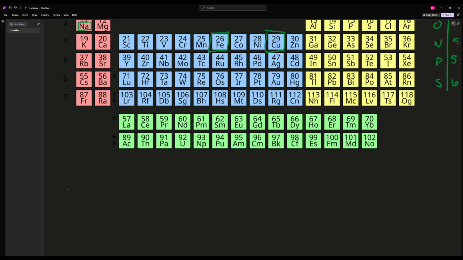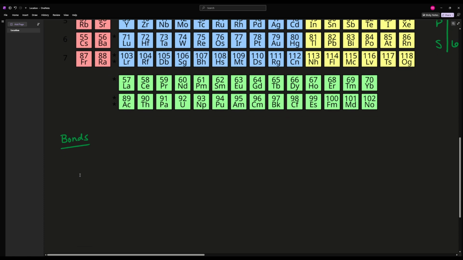Think of it like you and I are talking to each other, and one of us has a candy bar. Now, we could split that candy bar, or I could give you that candy bar. That is exactly how elements work. So, when we're discussing the types of bonds, we have two primary that we are looking at.